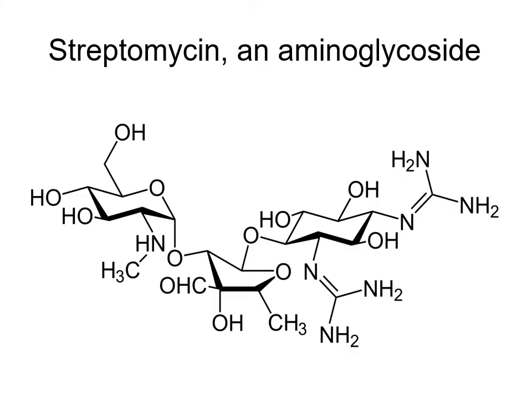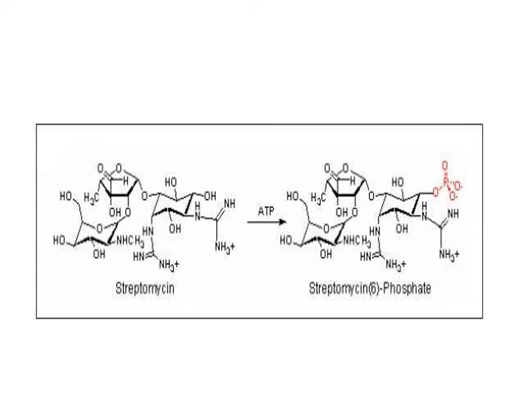Here's streptomycin. Streptomycin is an aminoglycoside antibiotic active against prokaryotic ribosomes, inhibiting protein synthesis. There are aminoglycoside phosphotransferases, which act on the streptomycin and simply modify it by the addition of a phosphate group.